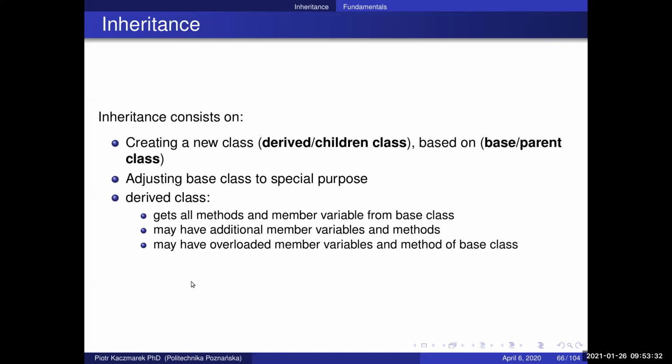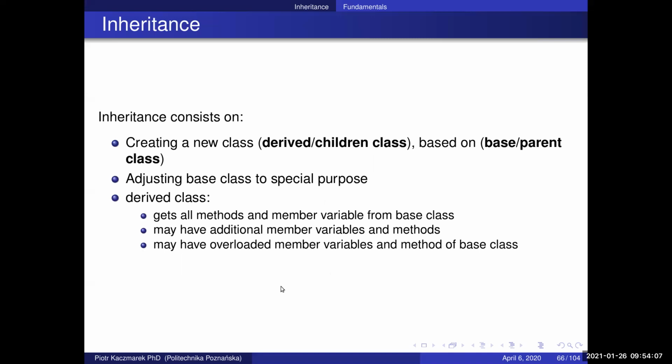What is typical for inheritance? It gets all methods and member variables from the base class. So almost everything: methods and member variables. The second feature is that it can have additional variables and methods, let's say extra methods.